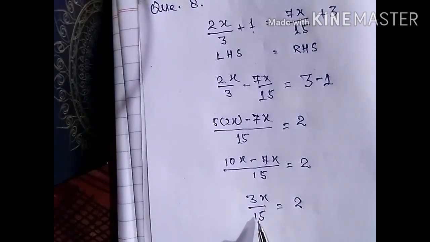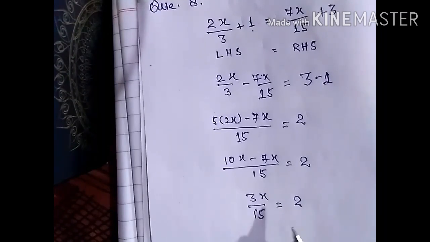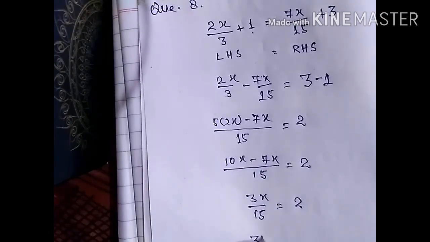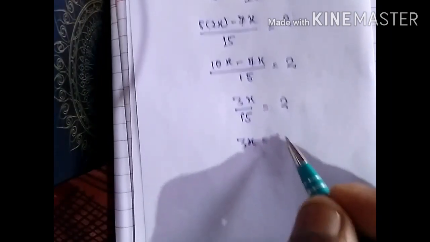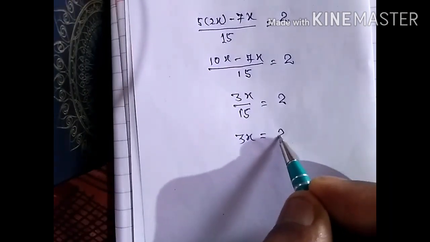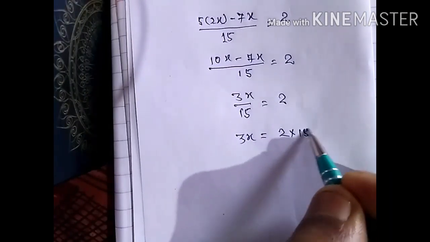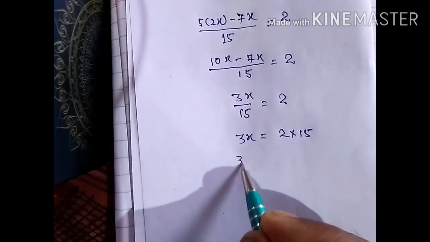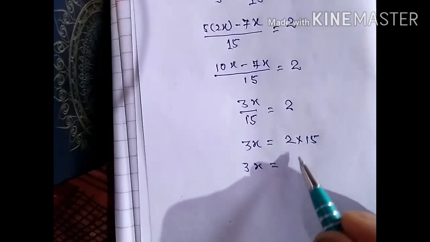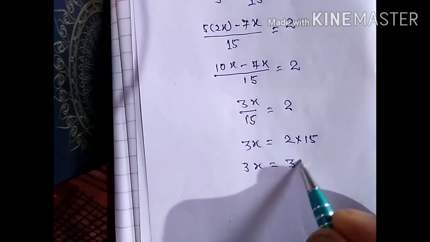Student, here 15 is dividing on the left hand side of the equation. So we have to transpose this 15 to the right hand side and it will be multiplied here. So 3x is equal to 2 into 15, and 3x is equal to 30.